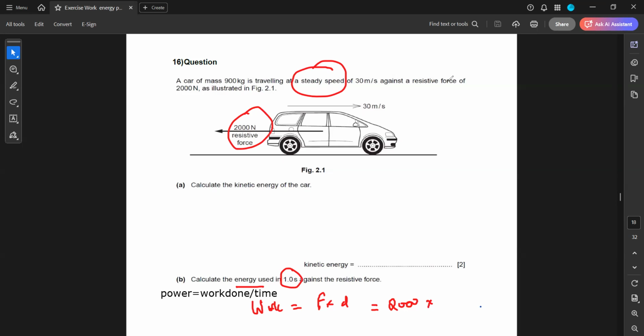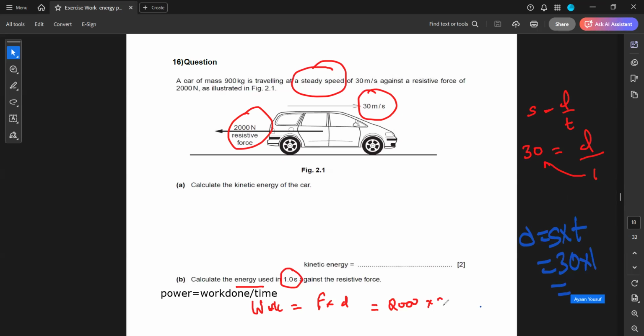How do we know the distance moved? We have the formula that speed is distance divided by time. The car is traveling at a speed of 30 meters per second. The distance we don't know, and the time is 1 second. So the distance traveled is speed multiplied by time, 30 multiplied by 1, or 30.